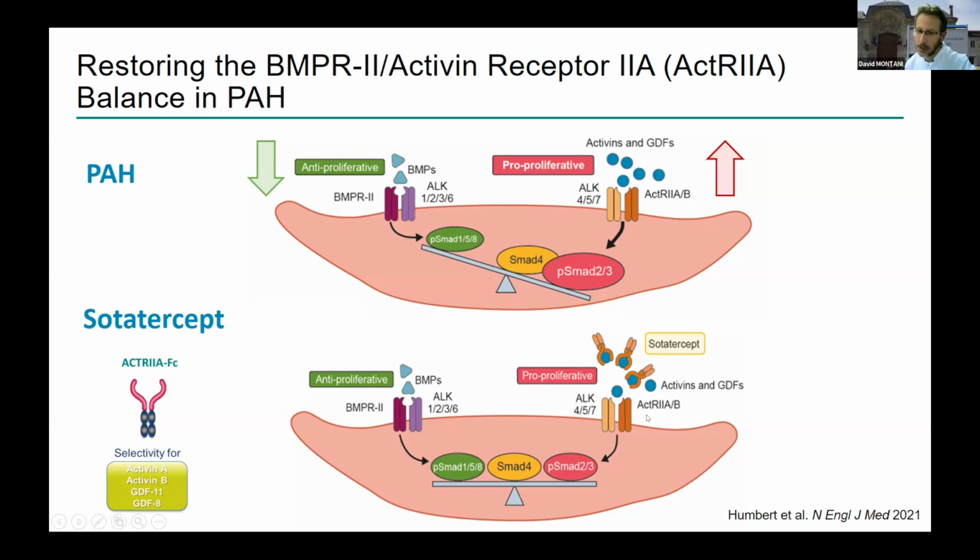That means that we are not able to increase BMPR2 expression, but we are able to decrease the activin pro-proliferative pathway and restore the balance. And so we restore the normal proliferation of cells in pulmonary arteries.